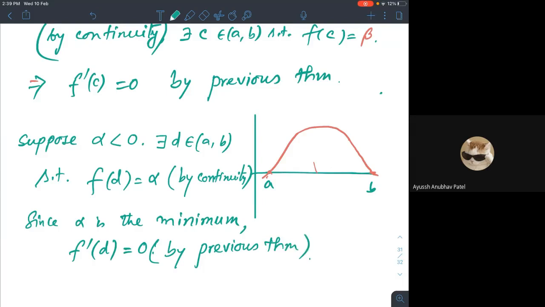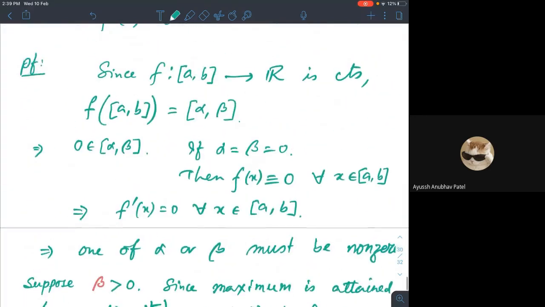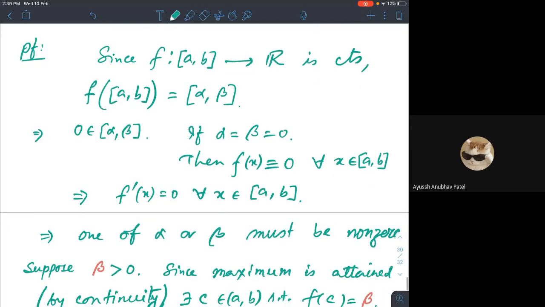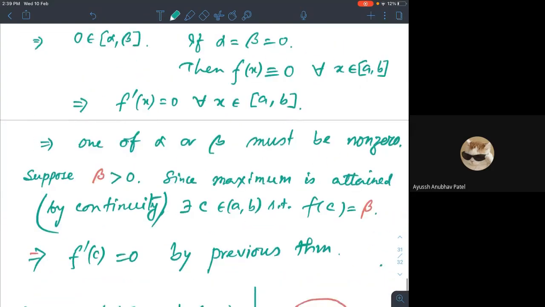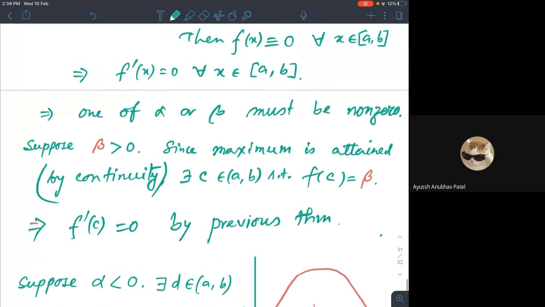All right. So if both are 0, then all the points will have this property. If one of them is non-zero, suppose beta was the maximum, so beta is greater than 0. Beta cannot be less than 0, because at the endpoints A and B it is 0, so it would be greater or equal to 0.